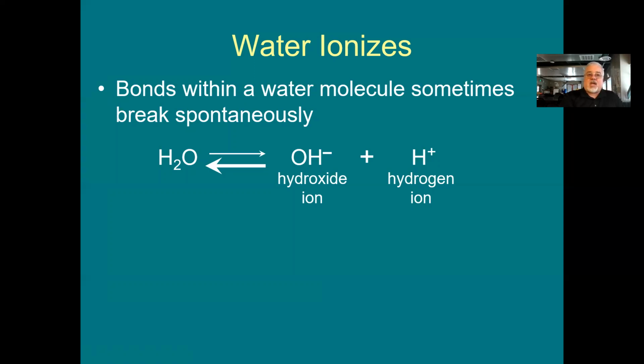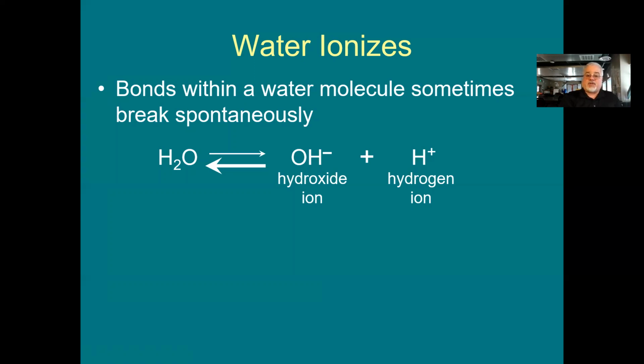But it's happening in plants and photosynthesis. It's happening if you're drinking a glass of water right now, it's happening in that glass of water as you sit there. Many trillions upon trillions upon trillions of water molecules, some of them spontaneously ionize, creating hydroxide and hydrogen.